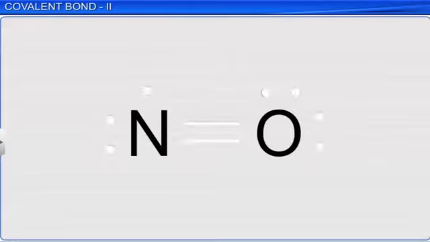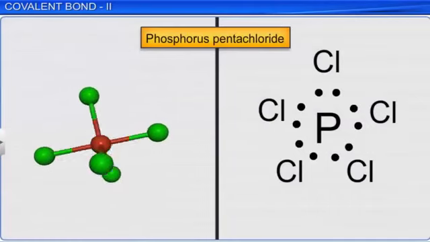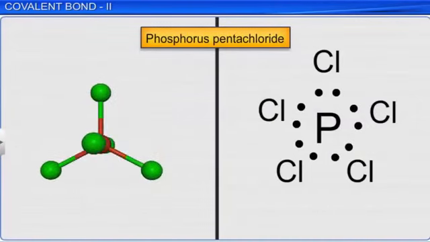In molecules with an odd number of electrons, such as nitric oxide, the octet rule is not satisfied. The octet rule also does not apply to the molecules with expanded octets.